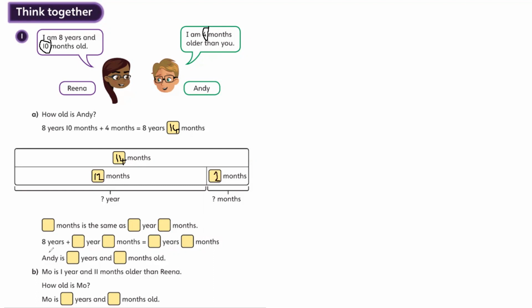So I now know that 14 months is actually the same as 12 months, which is the equivalent of 1 year and 2 months. So then when we're working out how old Andy is, he's in fact 8 years plus 1 year plus 2 months. And we know that is 9 years and 2 months. So Andy is 9 years and 2 months old.